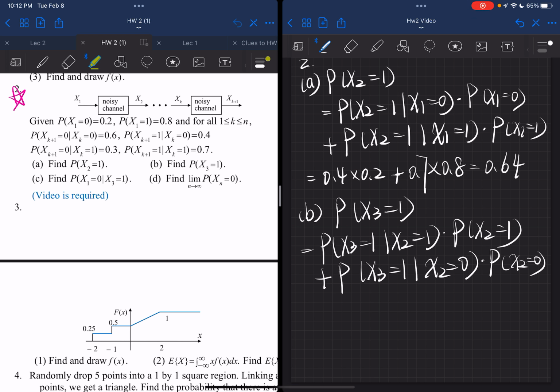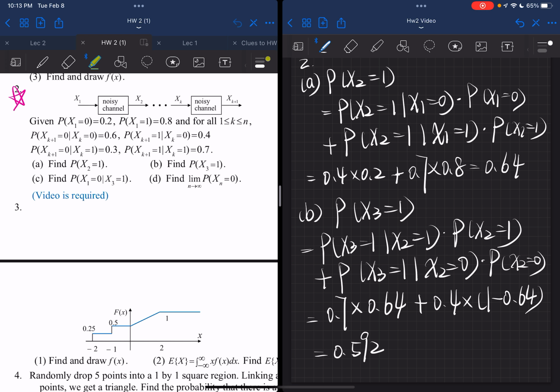From part A, we know the probability that x2 equals 1 is 0.64, so its counterpart, x2 equals 0, is 1 minus 0.64. Based on this, we have 0.7 times 0.64 plus 0.4 times (1 minus 0.64), which equals 0.592. This is for part A and part B.